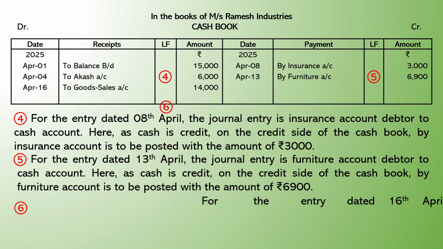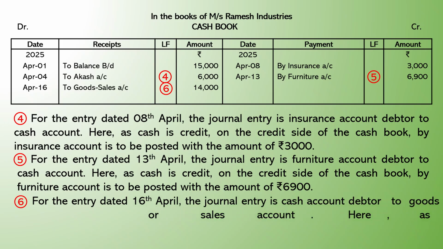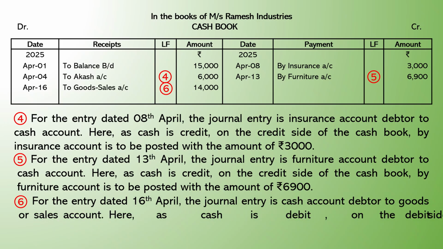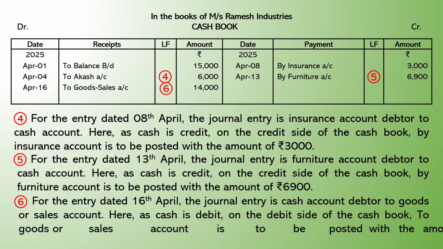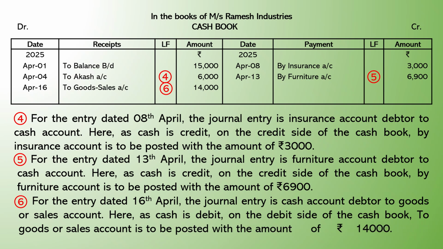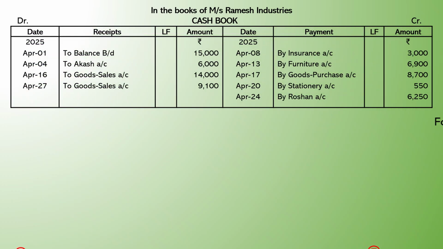6. For the entry dated 16th April, the journal entry is cash account debit to goods or sales account. Here, as cash is debit, on the debit side of the cash book, to goods or sales account is to be posted with the amount of 14,000 rupees. 7.